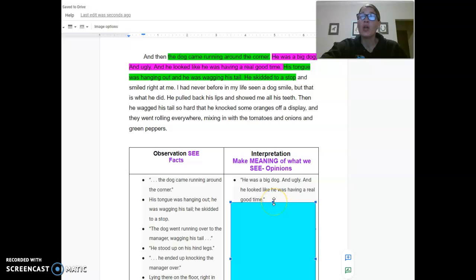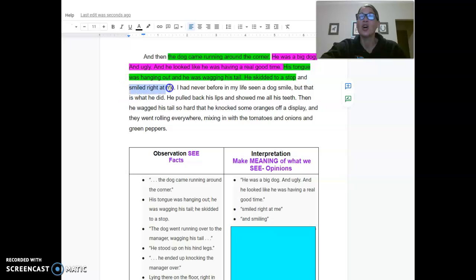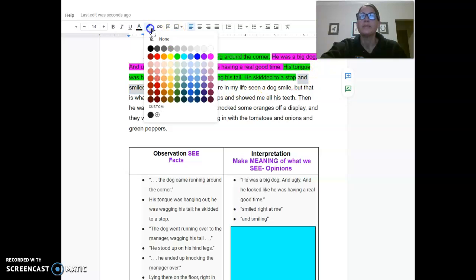When Opal saw him do that, her interpretation of that was, he smiled right at me, and smiling. So that idea that the dog was smiling. I don't see the "and smiling" part. Oh, I guess it's just this part.